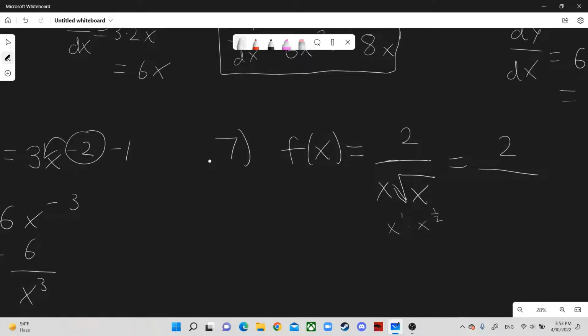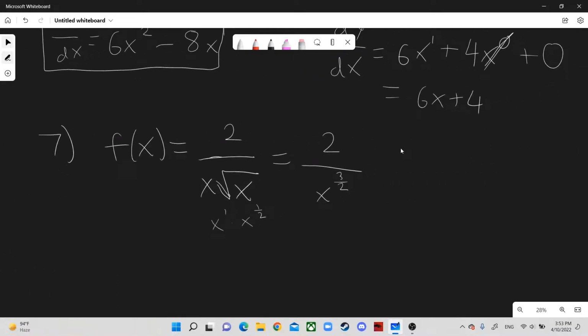Now when you multiply two numbers with the same base, you just add the powers. So you get 1 plus a half, which is 1 and a half, is the same as 3 over 2 as your power. And now this 3 over 2 is in the denominator, so that means it just becomes minus.